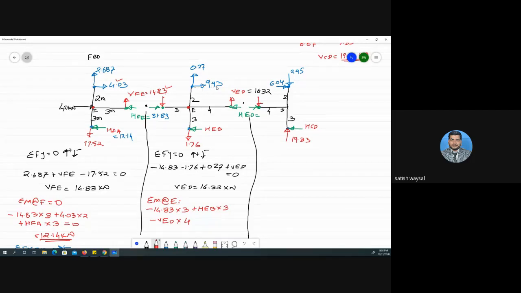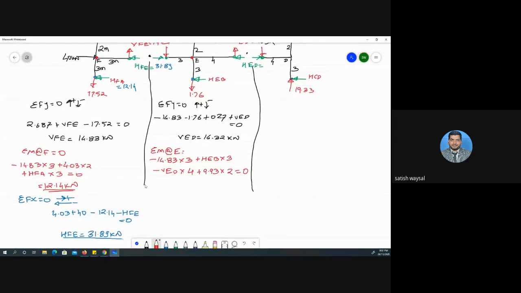Then 9.93, which is moving in a clockwise sense, plus 9.93 into 2 is equal to 0. So this much will be the forces, and that will give you, very good, HEB is equal to 29.97 kilonewton.